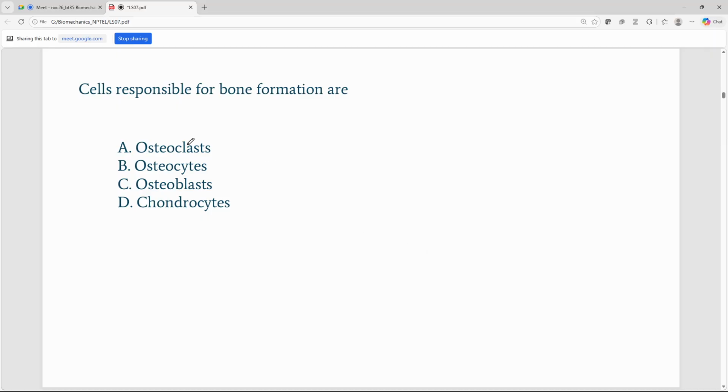Next question. Cells are responsible for bone formation. So which among the following options are the cells responsible for bone formation?